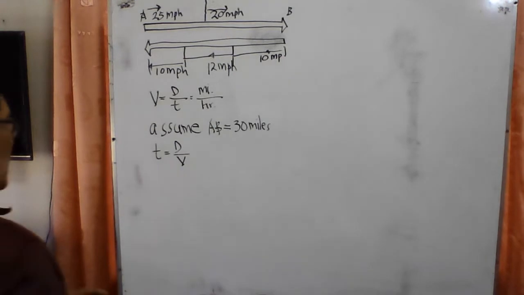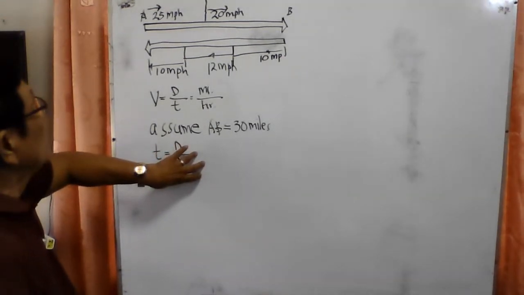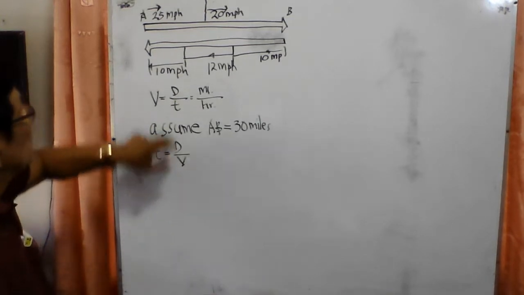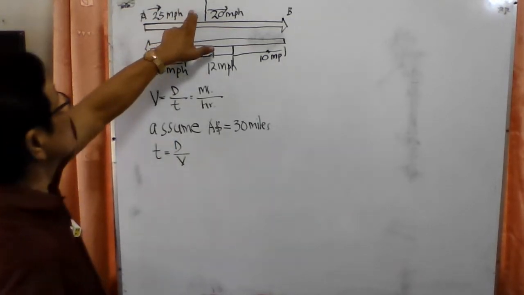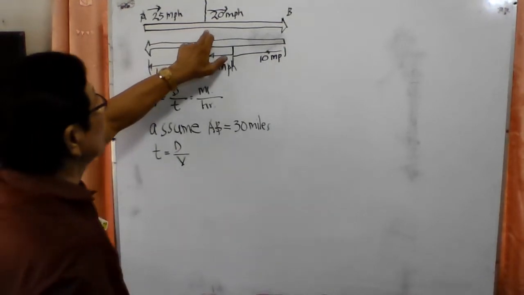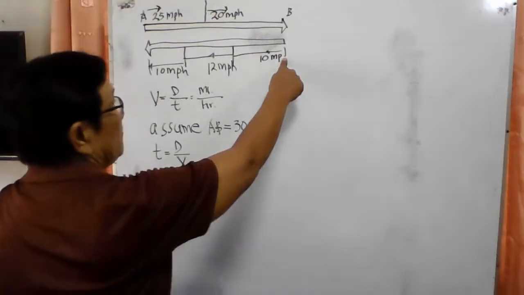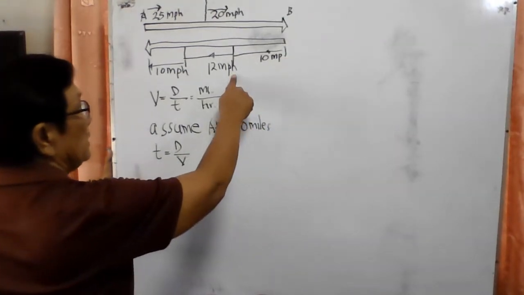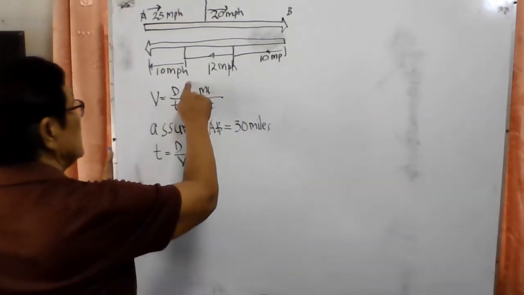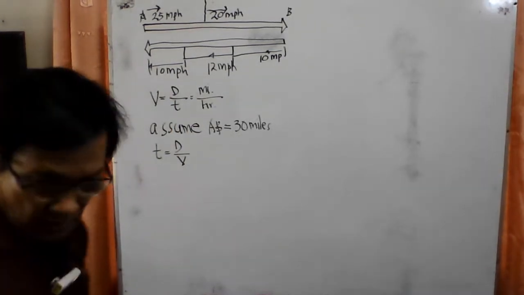So with this formula, we can now compute the time for the travel from A to midway, the time for midway to B, and the times for each leg of the return trip. How do you do that?